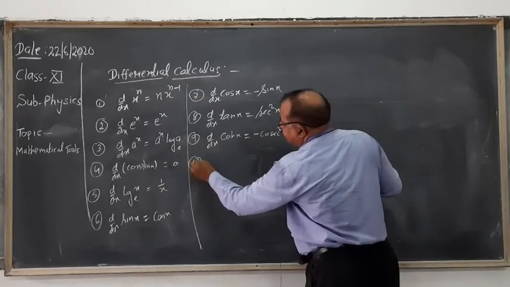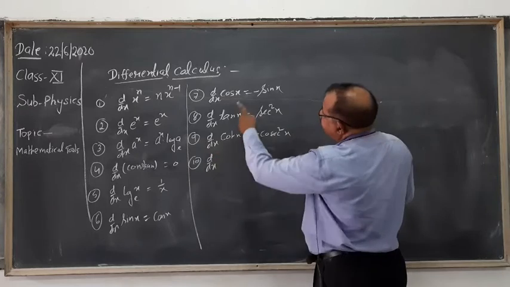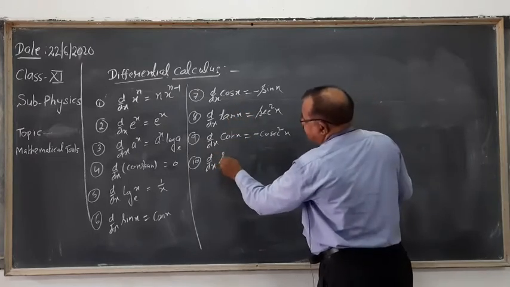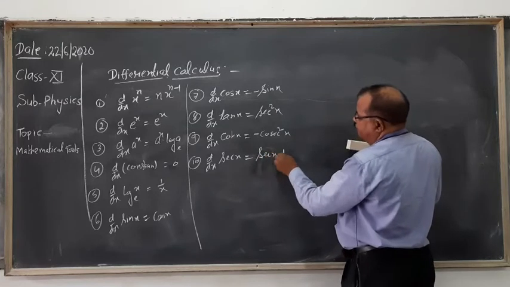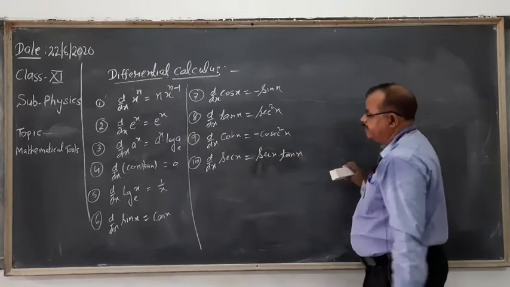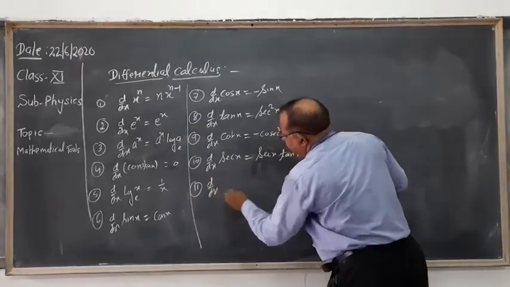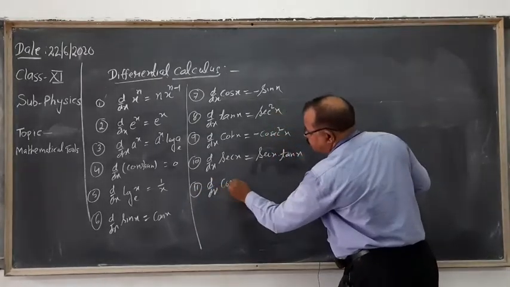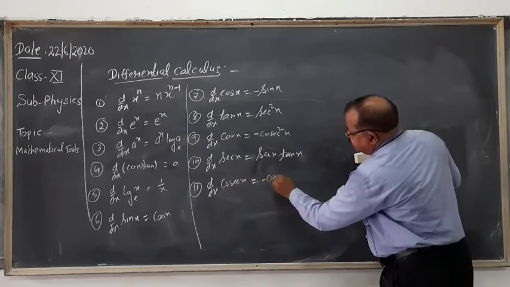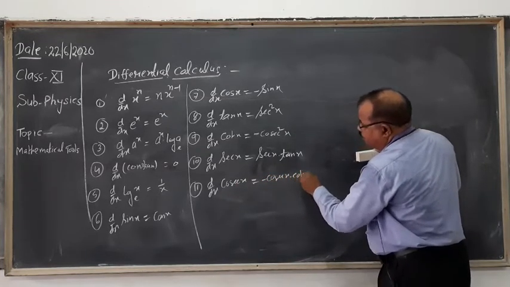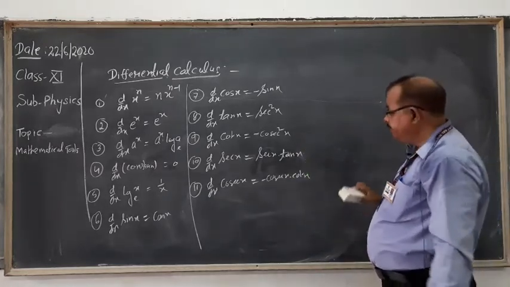Number 10, dy by dx of sec x is equal to sec x into tan x. Number 11, dy by dx of cosec x equals minus cosec x into cot x. These are all 6 ratios of trigonometry.